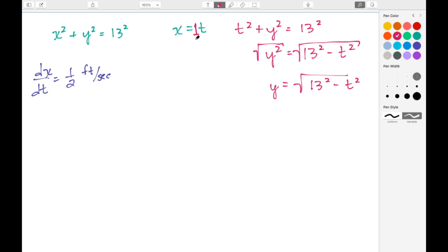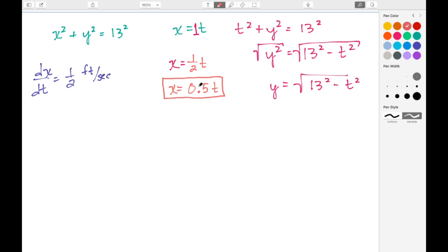We need to change that. For each time unit, we want to move a half a unit. So we're going to rewrite this as x is equal to 1/2 t. Another way of writing that is x is equal to 0.5 t. This is going to be one part of our parametric equation.